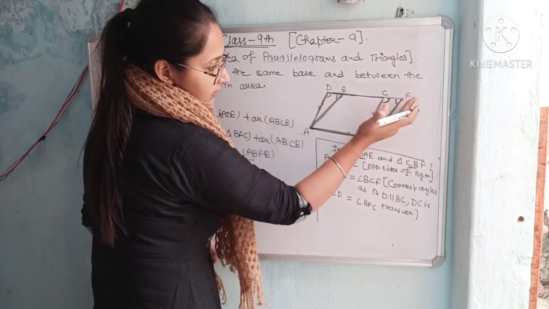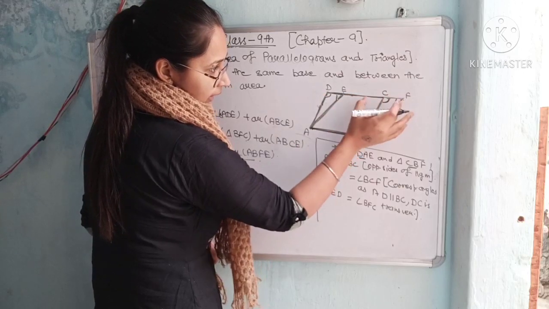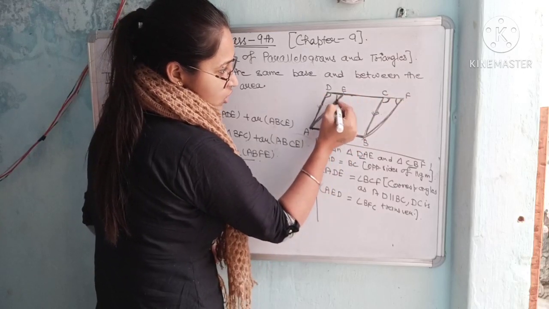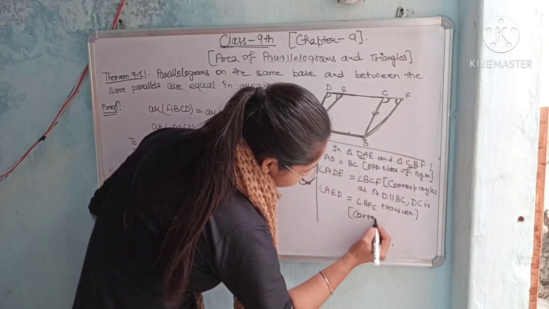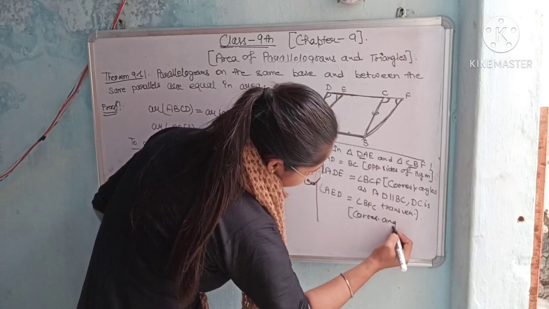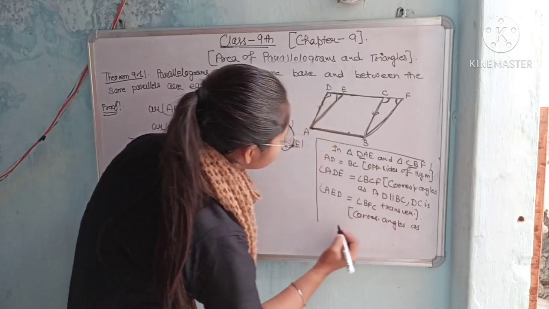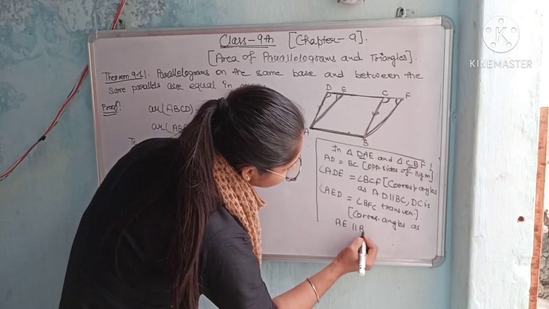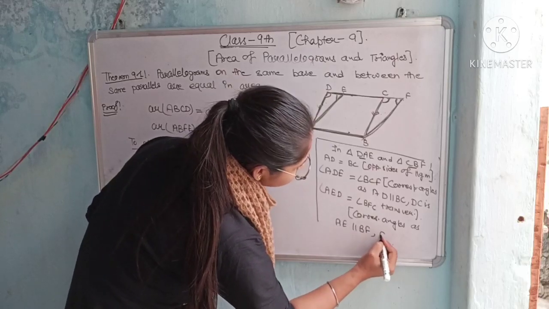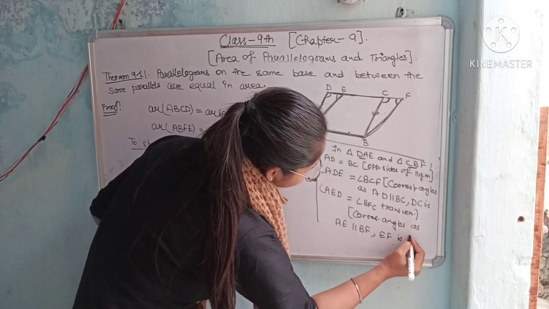These two lines are parallel and EF is a transversal line, so this angle will be equal to this angle by corresponding angles, as AE is parallel to BF and EF is a transversal line.